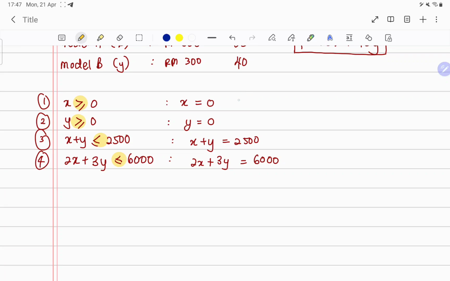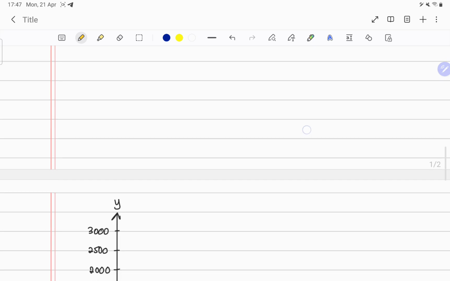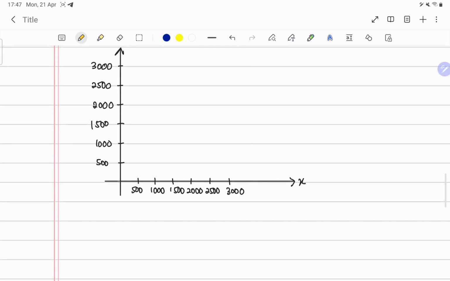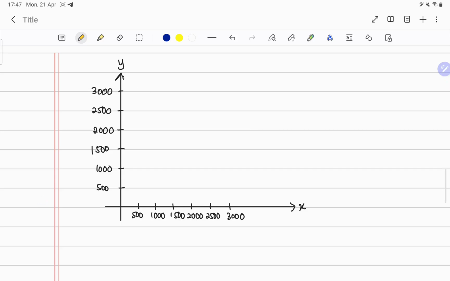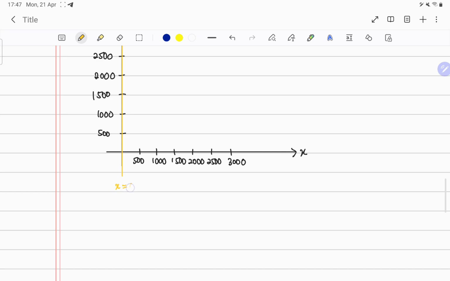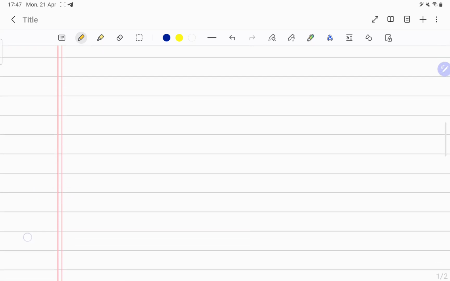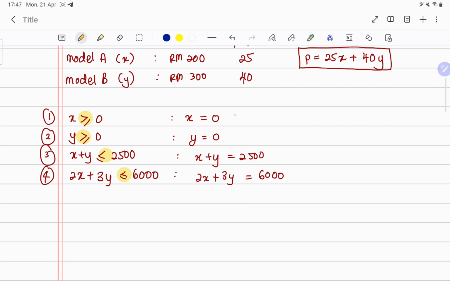So how to draw x equal to 0? I will use this color, yeah. X is equal to 0. This is your x, right? X axis is here, y axis is here, so your x will be like this, x is equal to 0. So here you put x is equal to 0. Now you're going to draw x is equal to 0, settle already.